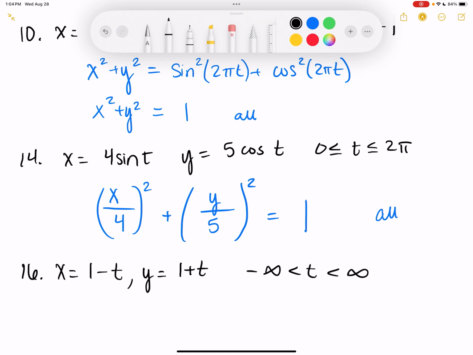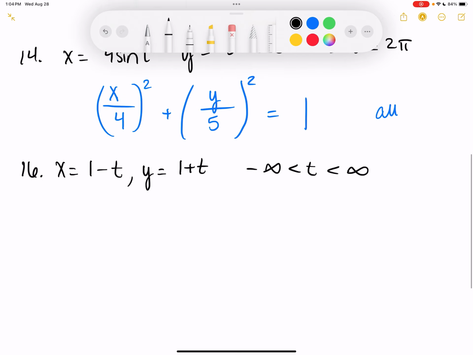Okay. So in one of these, I need to get t by itself so that I can plug it into the other one. It really doesn't matter which one, so which one do you want to do it for? Y, I guess. So y minus 1 equals t. Then I can plug that into the other equation. So x equals 1 minus, in parentheses, y minus 1. And remember, we want to do that because it's minus, so we don't want to lose the distributive property of that negative sign.